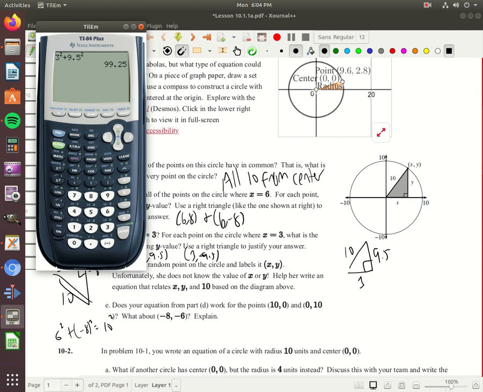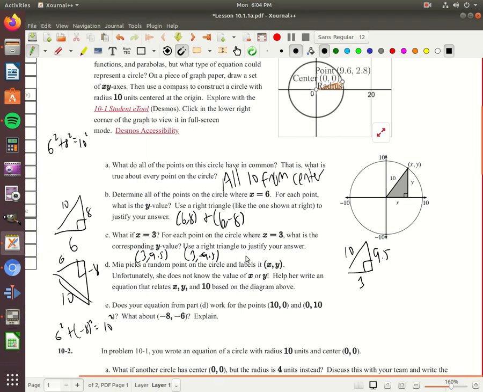And you can see rounding did take place there. That's roughly 100. Obviously, negative 9.5 will be the same thing, so we did justify using the Pythagorean theorem that this is true.